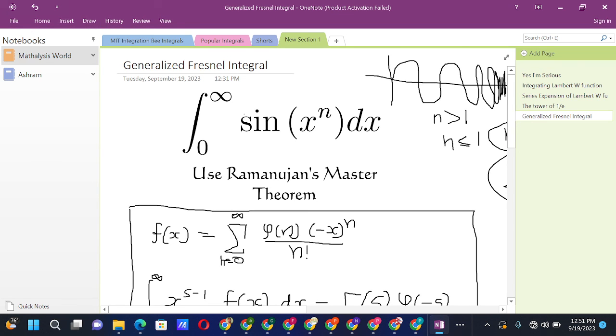Solve for the integral of cos of x to the power n dx, and evaluate it for n equals 2. When n equals 2 the answer is root pi by 2 root 2, the same answer. Just try to evaluate that, and that will be a good thing to do.